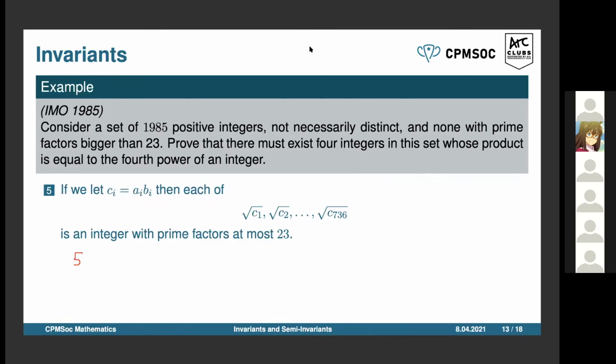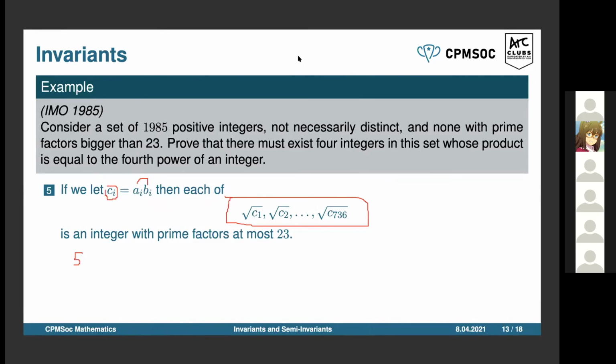Okay, so if you multiply the two numbers in each pair together to get Ci, you get 736 different values of Ci. Remember that all the Ci's are perfect squares, so you can take the square root of these perfect squares.